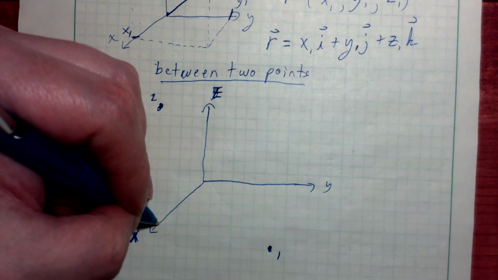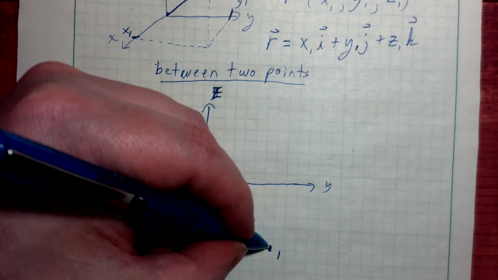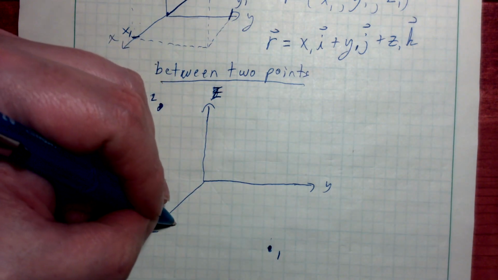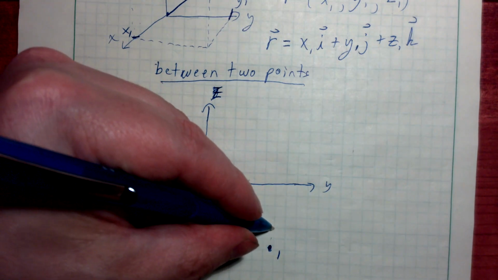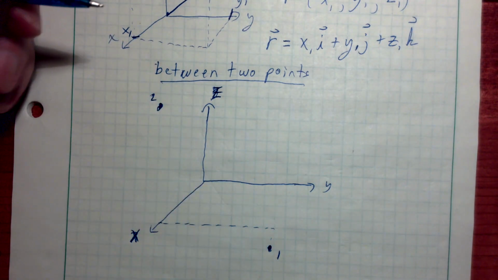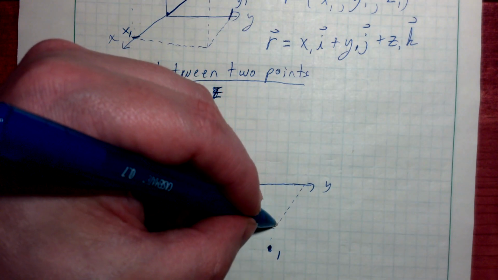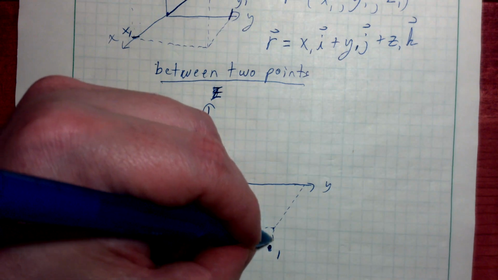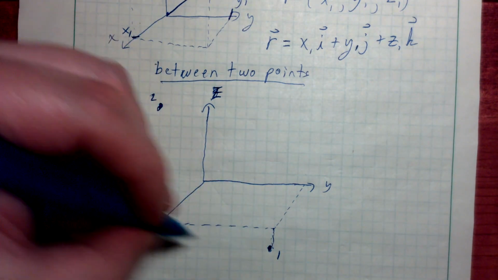Now what I'm going to do is dot in some lines. This one is below the XY plane. So if I dot a line out here to point 1, right above it, and if I dot a line parallel to the x-axis from the y-axis out to that same point, and then I dot a line down, that will help me locate where this point is.